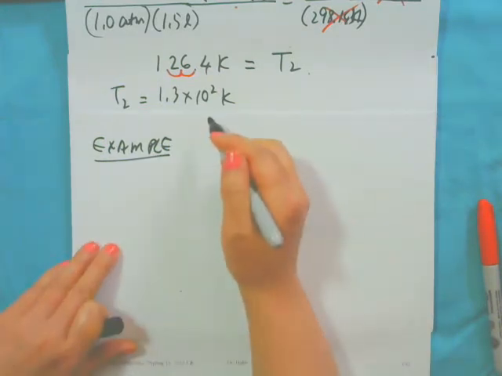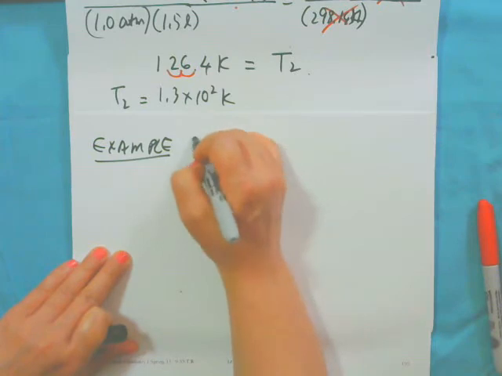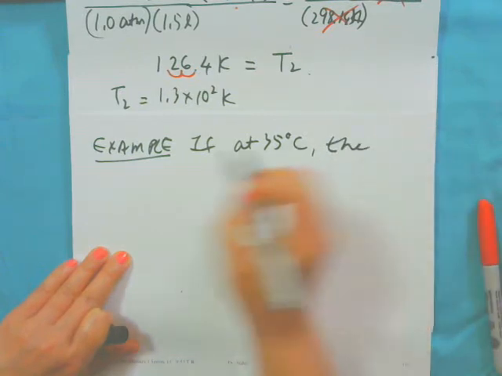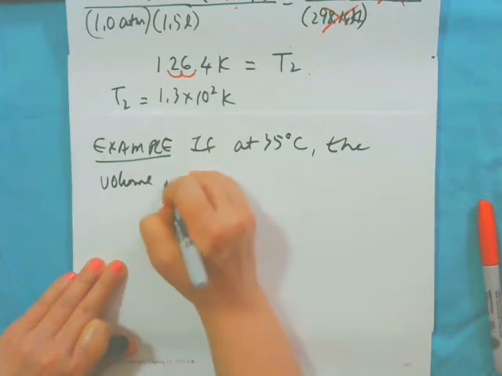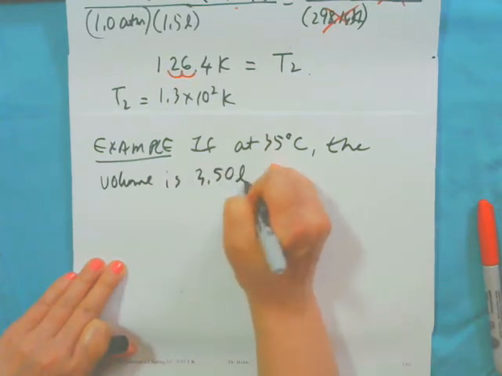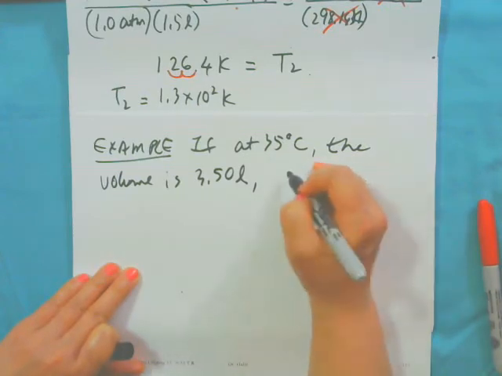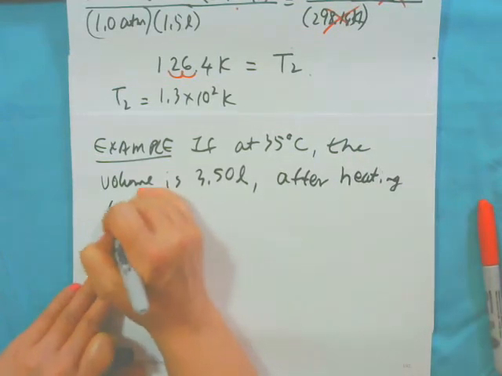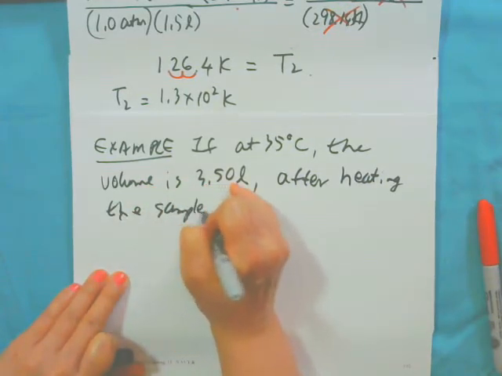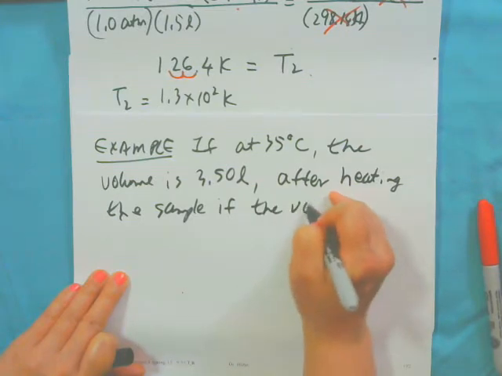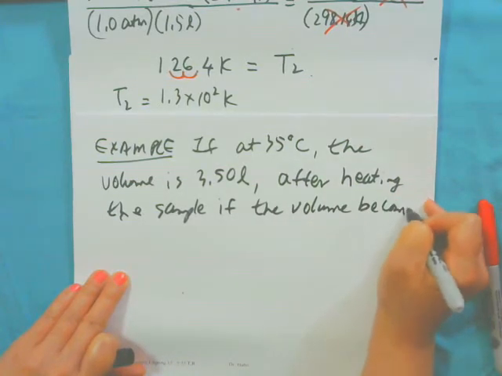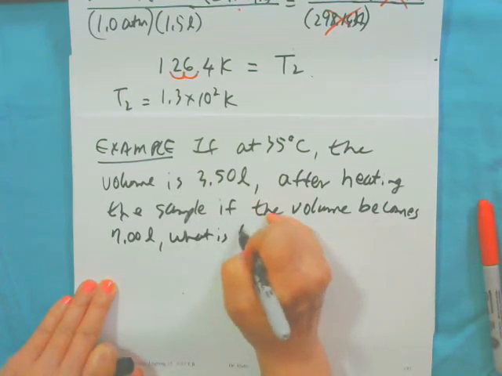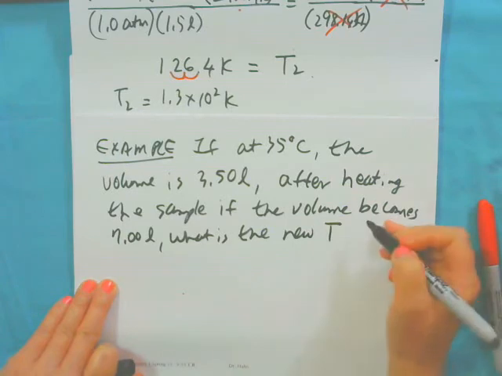All right. So in this word problem, we're going to say if at 35 degrees Celsius, the volume is 3.50 liters, after heating the sample, if the volume becomes 7.00 liters, what is the new temperature?